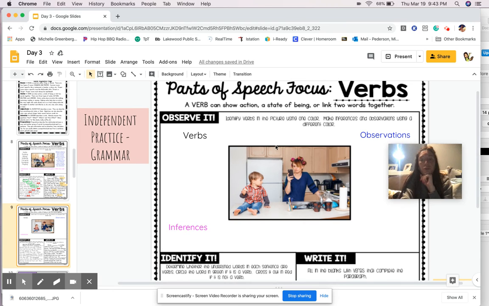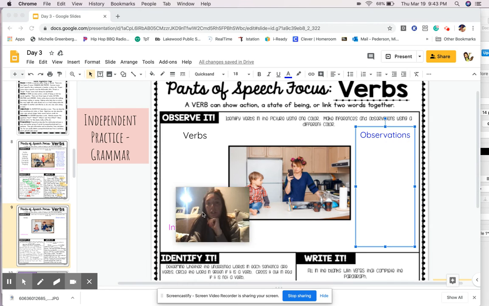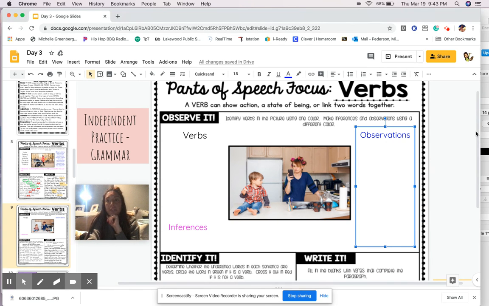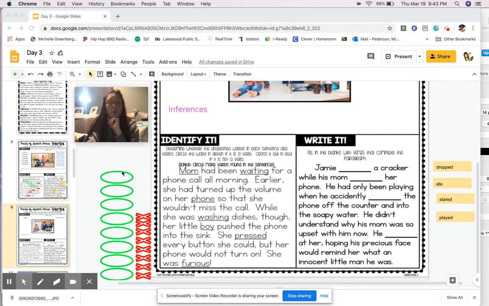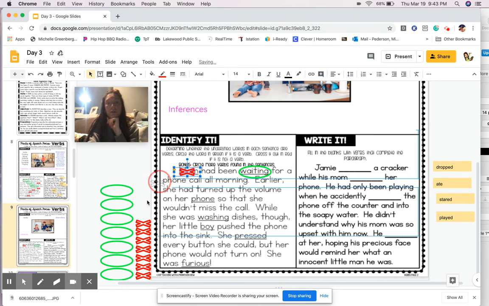You are going to type the verbs that you see in the picture, what you observe in the picture, and your inferences. Then over here, you're going to use the green circles to circle the verbs, use the red X's to cross off the nouns.